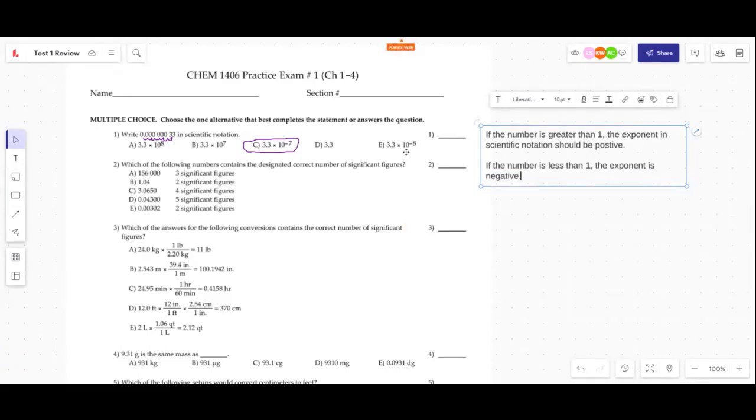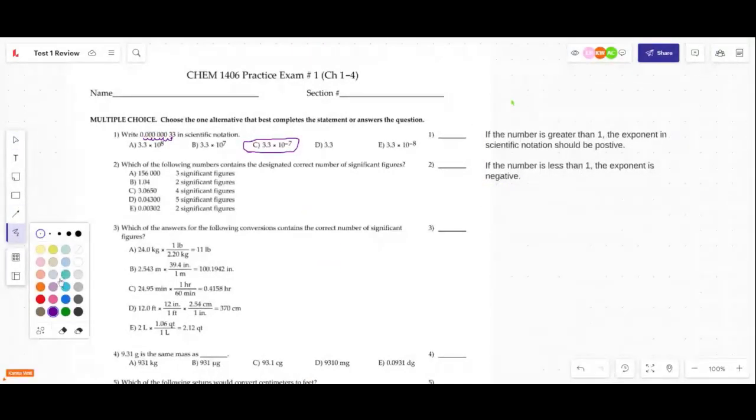Let's say, for example, I had a number, and I'm just going to make up an example here, like 3.4 times 10 to the 5th. If I want to figure out, okay, how do I write this in normal notation?